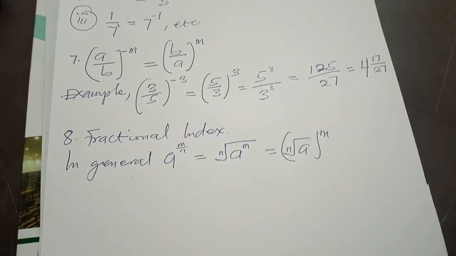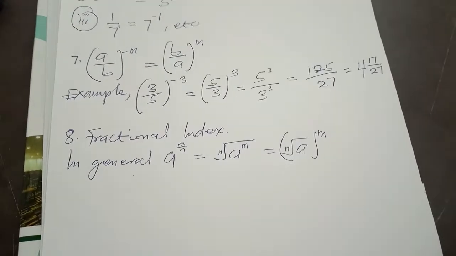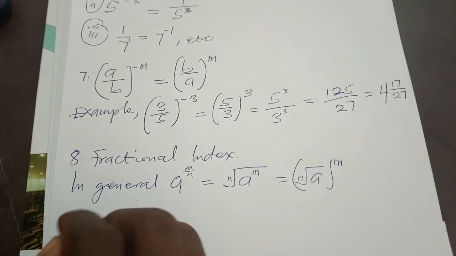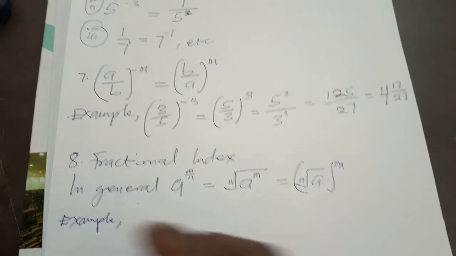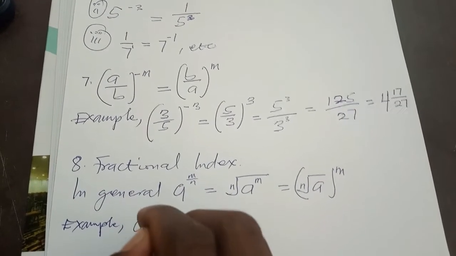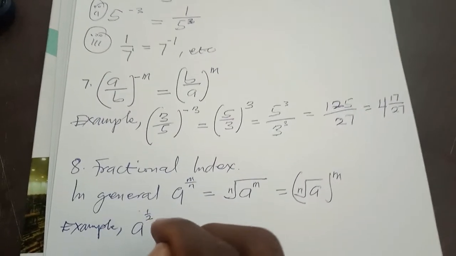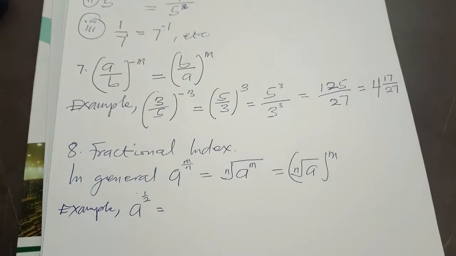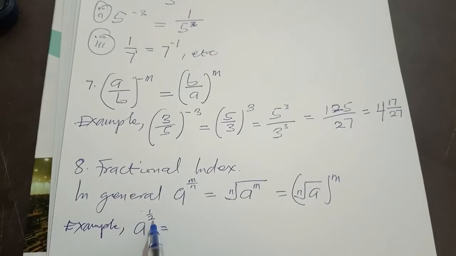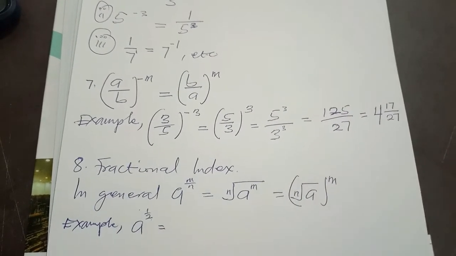So we take some examples. If we have A exponent 1/2, this means that the number that is our n is 2 and our m is 1.